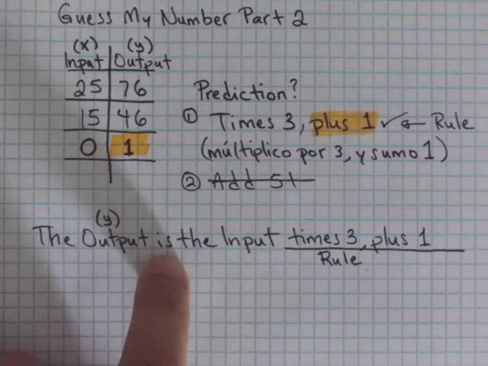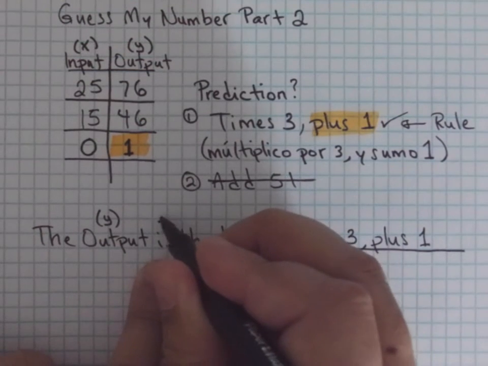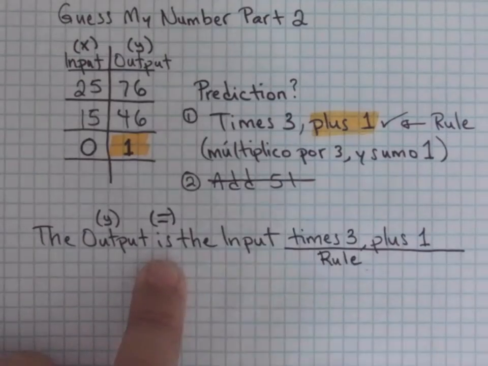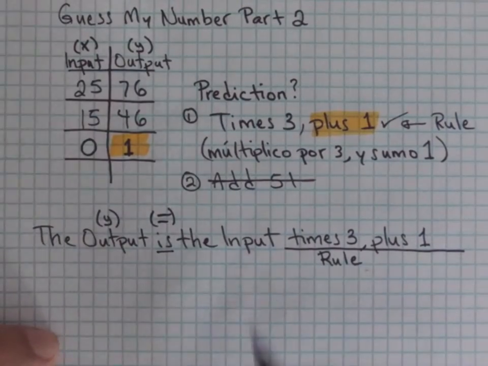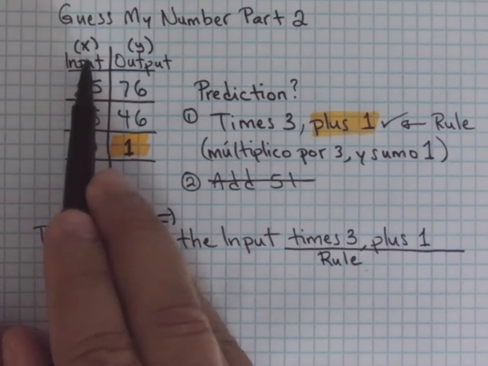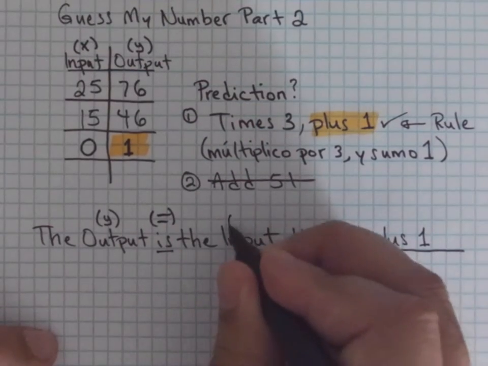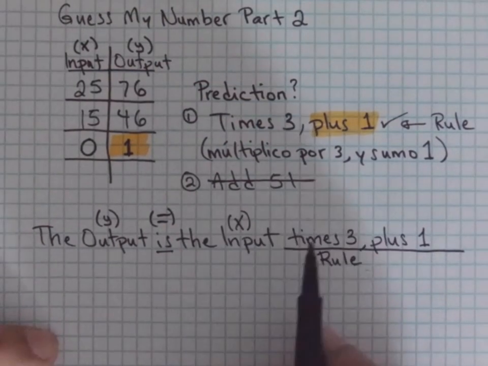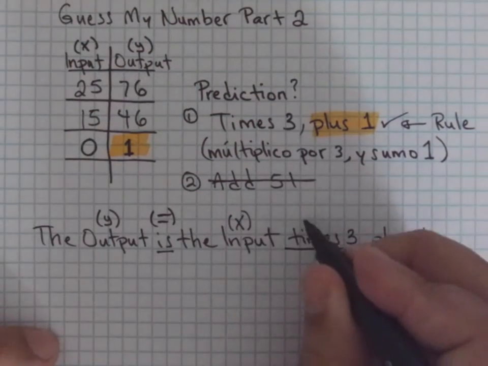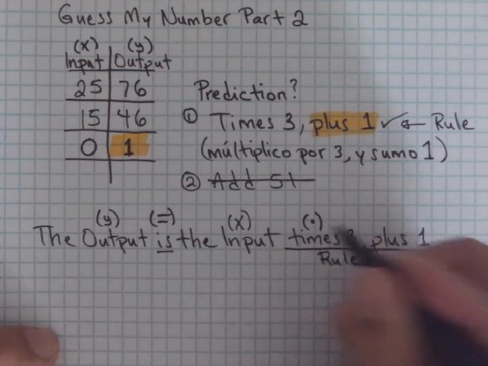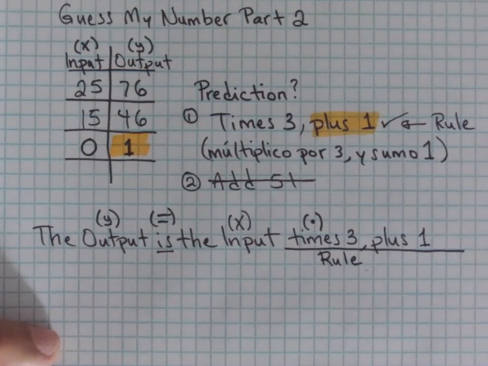Anybody remember what is means? Nice, thank you. Is means equals. So I put an equal sign right above the word is. Input is here, which is X. Times, I'm not going to put another X here. For times, I'm going to put it like this with a little dot. Okay? It's my multiplication dot.